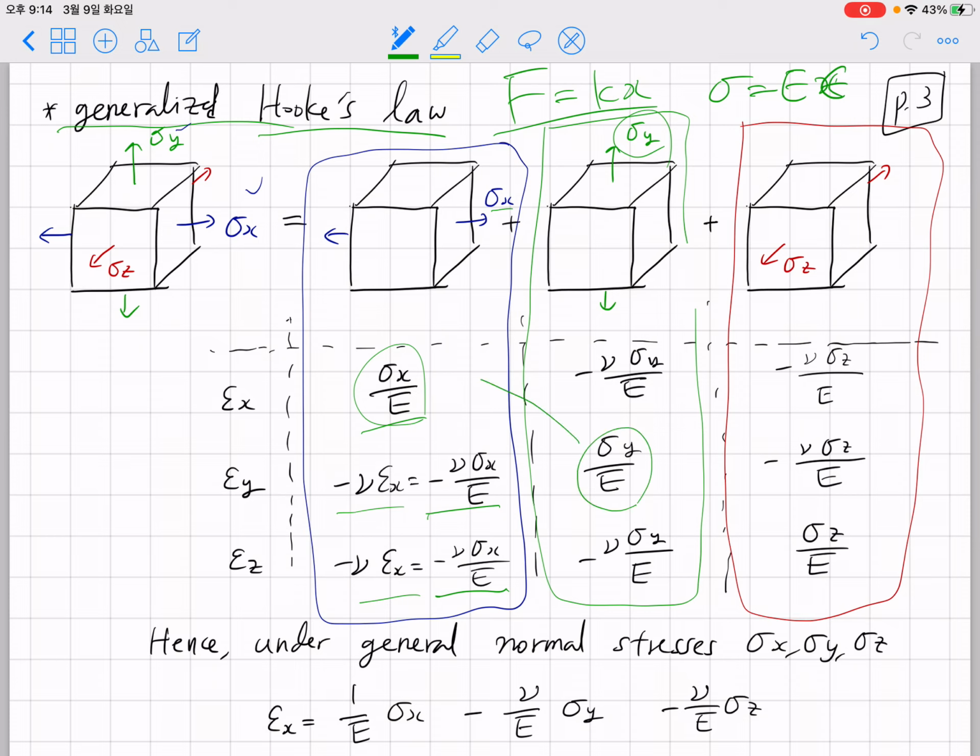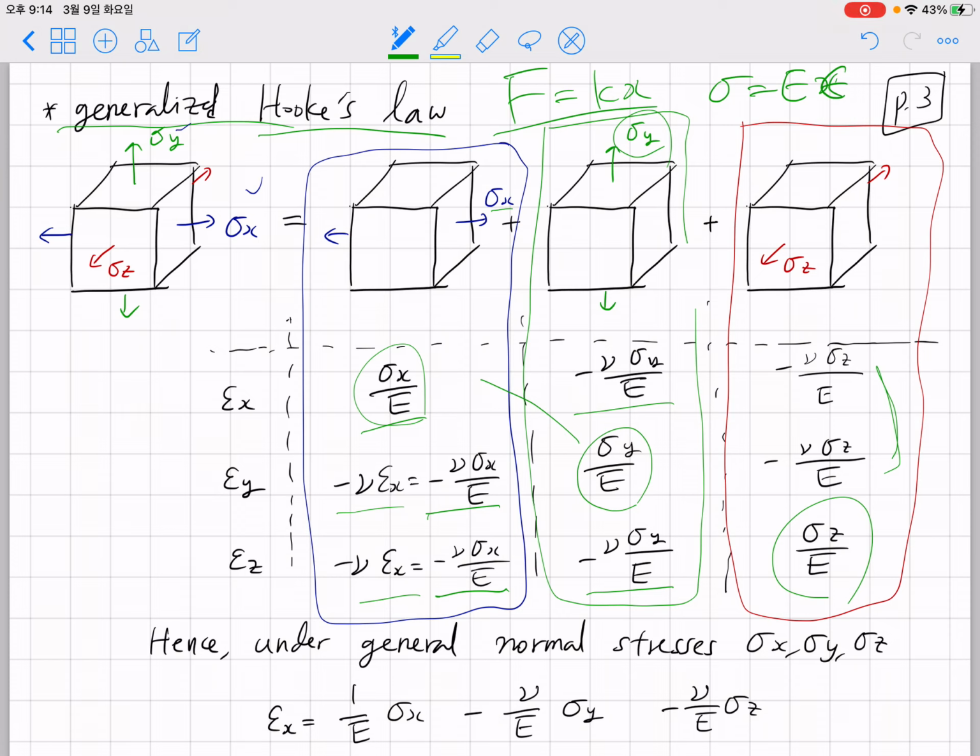Then for the other directions, x and z, you have minus nu sigma y over E as the response. And for the z directional normal stress sigma z, you have epsilon z in this way, and the other two have minus nu sigma z over E as their x and y strain.